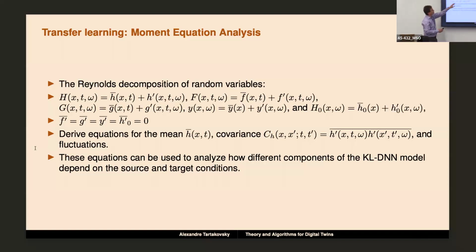Right? And then we can replace all these stochastic processes in our stochastic equation with these Reynolds decompositions, do some averaging, and then again we can derive the deterministic equations for the mean and covariance, and in our analysis we don't need higher moments. Okay? So now, once we have these equations, we can analyze them for the dependence of different components of the mean and covariance on target and source conditions. Okay?